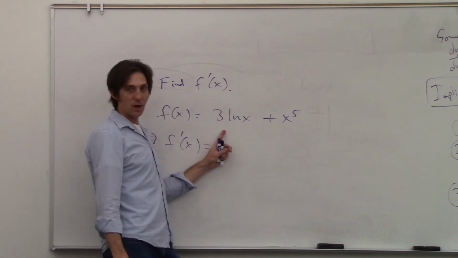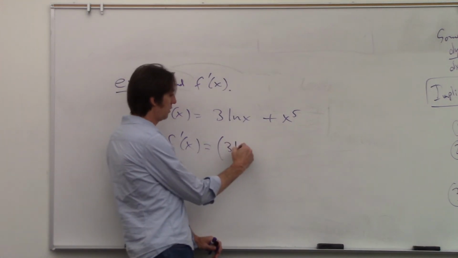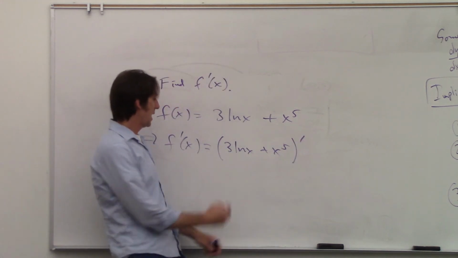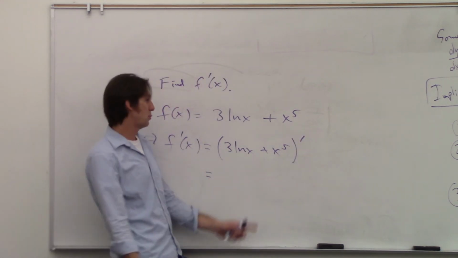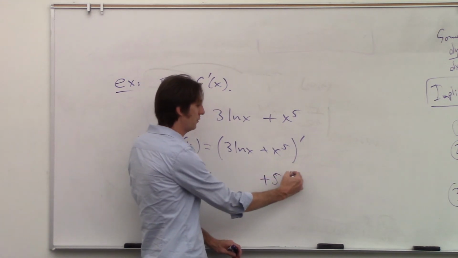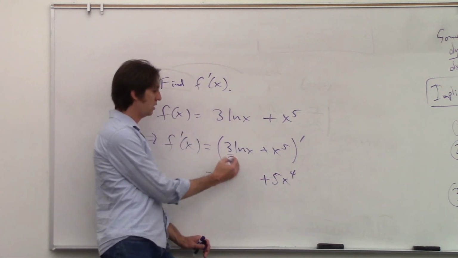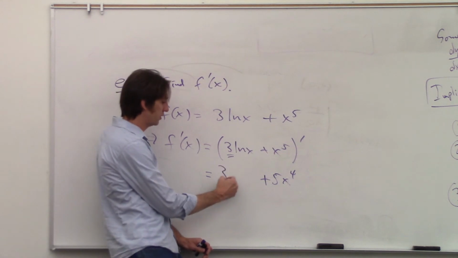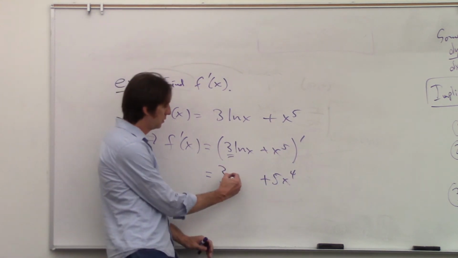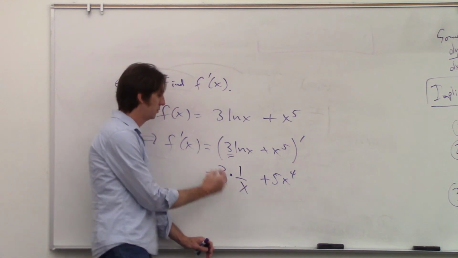Well, I try to differentiate 3 ln of x plus x to the 5th. Because I'm adding, I know that I can do the derivative separately. The derivative of x to the 5th is 5x to the 4th, of course. The 3 here is a constant multiple, so it's going to stay. And then from just a minute ago, the derivative of ln is 1 over x. So here's our answer.